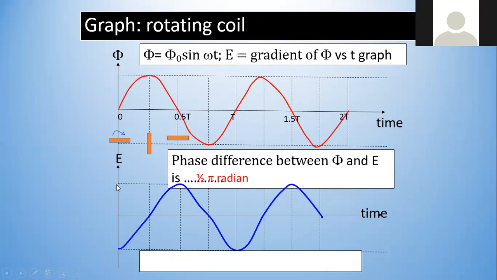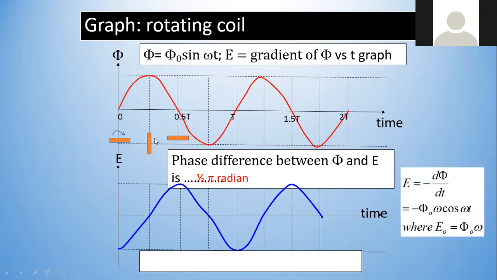Why is the magnetic flux 0 at time 0? Initially, at time 0, it is horizontal, so no flux linkage. Why is it not the maximum value? Or, as I said, you can differentiate this one.